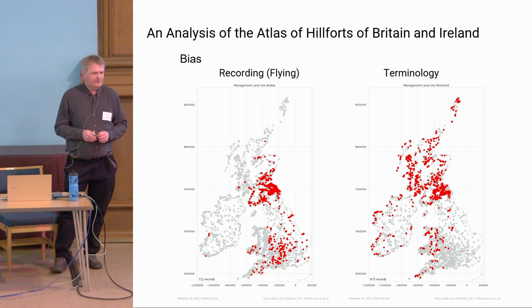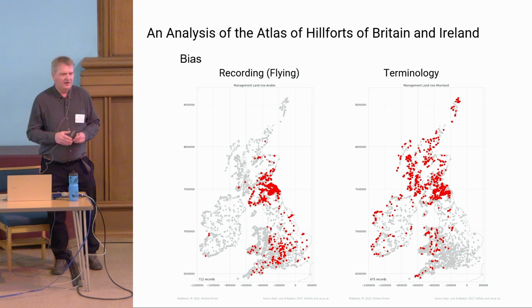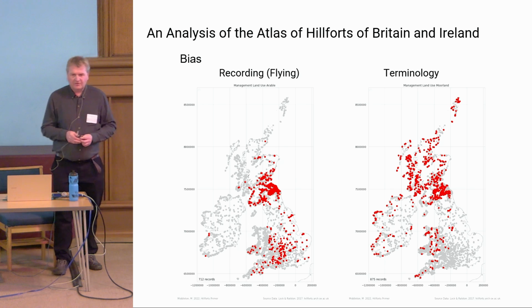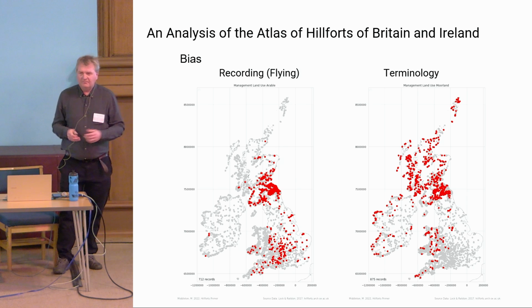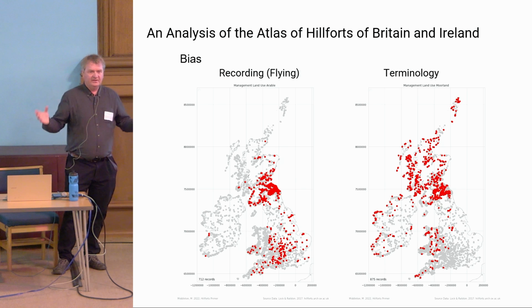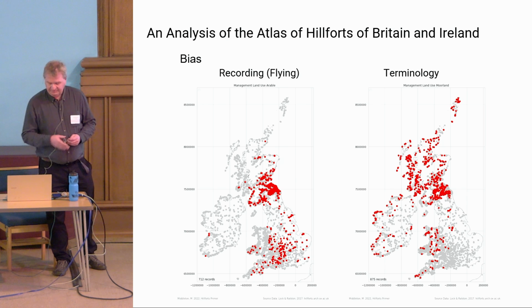You can see there's a real density of, for instance, crop mark sites that have ended up in the Atlas. We've had this intensive flying program in Scotland since the mid-1970s, and this has created a large number of crop mark sites that are fed through into the Atlas. This level of flying has not been carried out necessarily across the rest of the country, which means that there's a boosting effect of any clusters that we might see in this area.